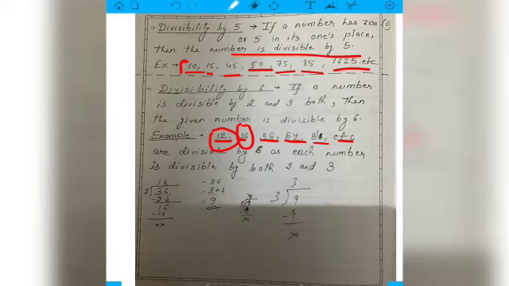Because when we add the digits 1 plus 6, we get 7. So this number is not divisible by 3, and 16 will not be divisible by 6 either. Which numbers will be divisible by 6? 12, 36, 54, 84, etc.